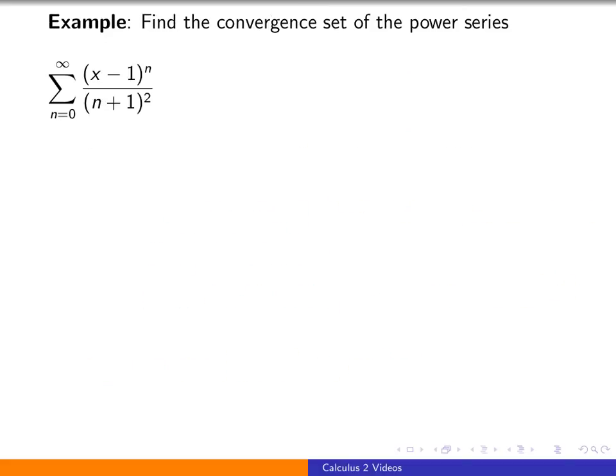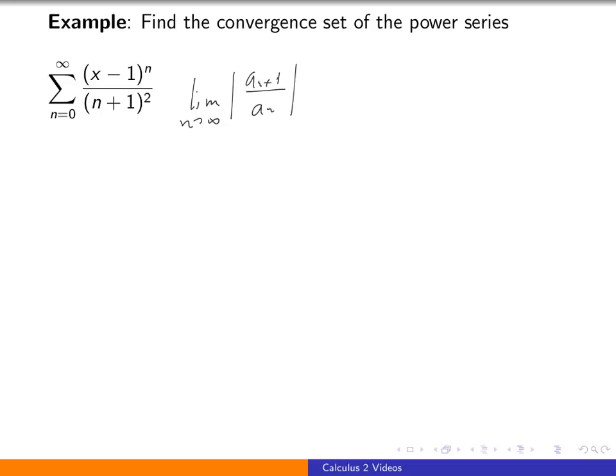Let's determine the convergence set for the given power series. And note, because of the x minus 1 to the nth power, the language we would use here is that this is a power series centered at 1. So to find the convergence set, we are going to use, once again, the ratio test. So we need to take the limit as n approaches infinity of the absolute value of a sub n plus 1 all over a sub n.